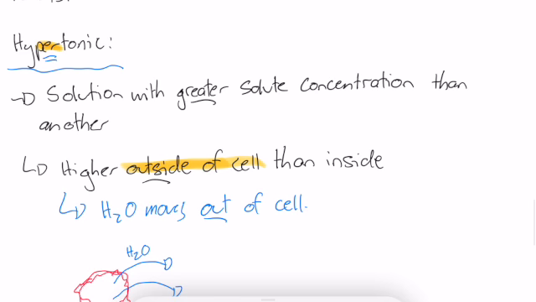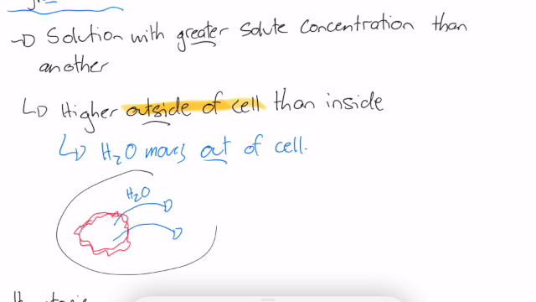So if there is a higher concentration outside of the cell, then we can see here that H2O is going to move out, giving the cell, I've used an example of a red blood cell here, a more shriveled-like look about it. And this is due to the water flowing out of it.